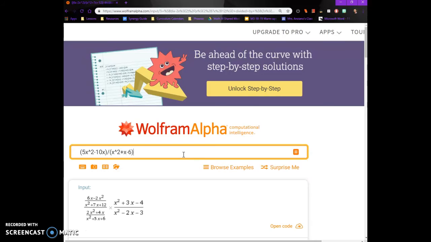And then that is going to be times 2x squared minus 7x minus 4 over 20x squared plus 10x. And then that's going to be divided by 10 minus 5x over x squared minus x minus 12.